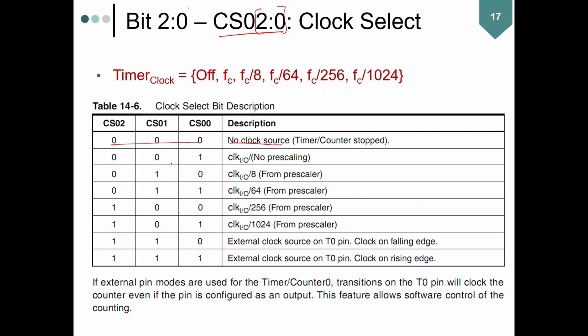From 001 up to 101, these are 5 modes in which the input to the counter is given from the prescaler. And this is with no prescaling, prescaling divided by 8, divided by 64, divided by 256, and then divided by 1024. Then the next one is 110.